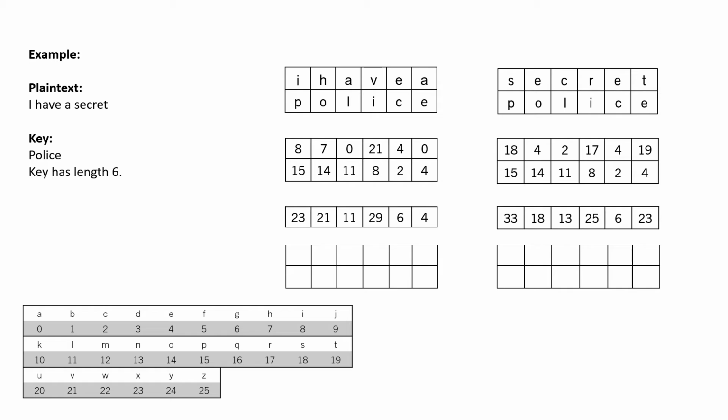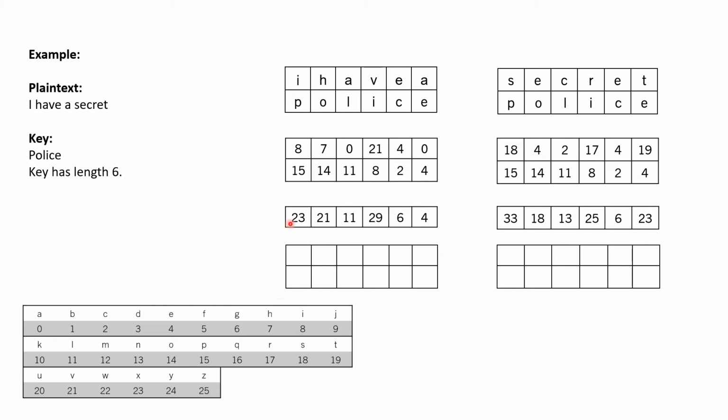So we are pretty much done with the encryption component of the Vigenère cipher. We have a sequence of numbers that are supposed to correspond to letters in the English alphabet, and that would be our ciphertext.